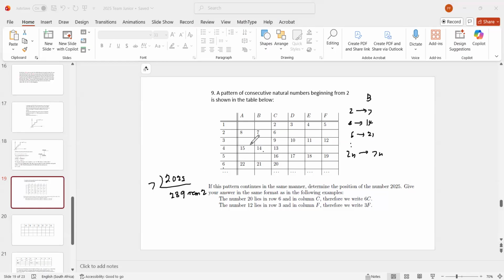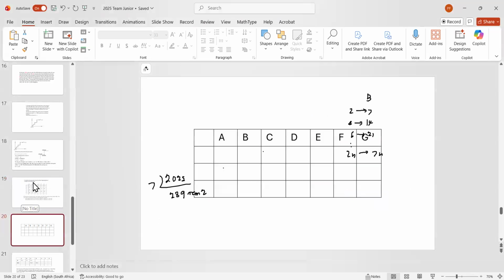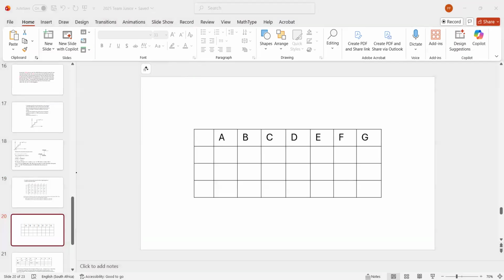So let's just hold on with that. I want to exploit this thing here, that in column B at row 2n, I've got 7n. So I'm going to just look at the next slide here. So what have I got?